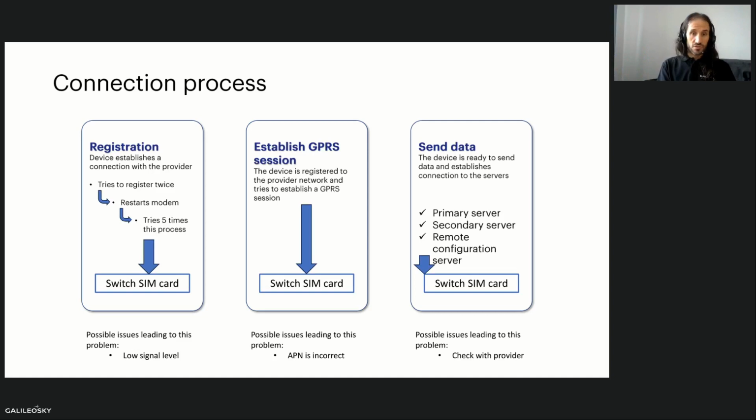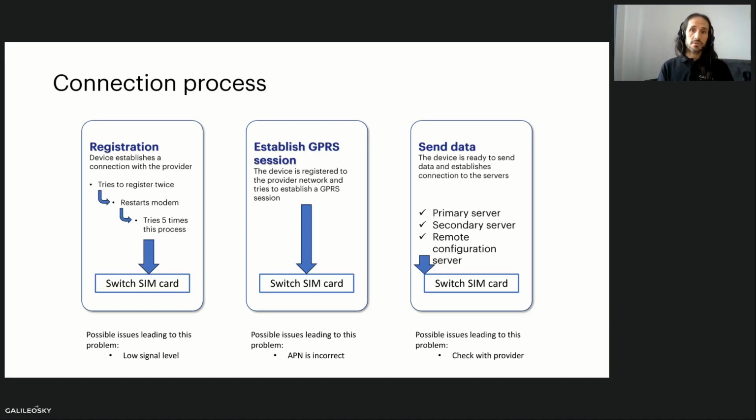Finally, we have the third step. The card is already registered, the terminal already started the session, a data communications session with the provider. So the terminal tries to send data. And the device will try to connect to 3 different servers.